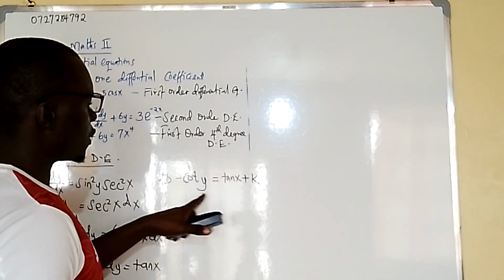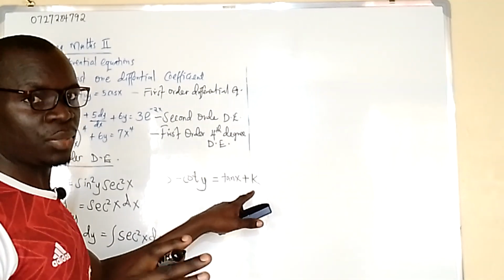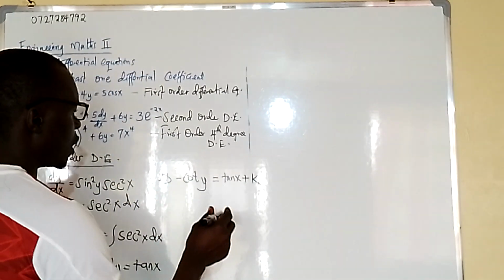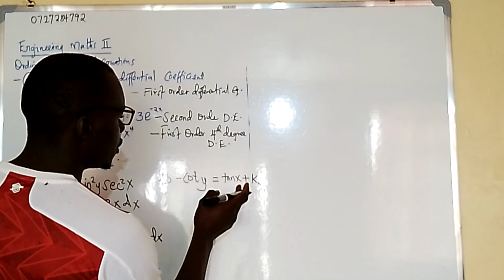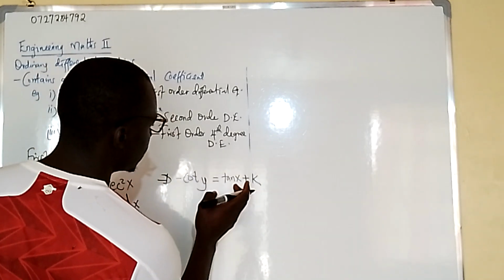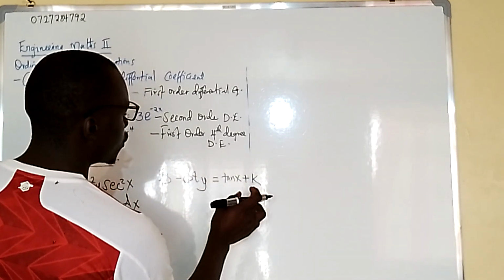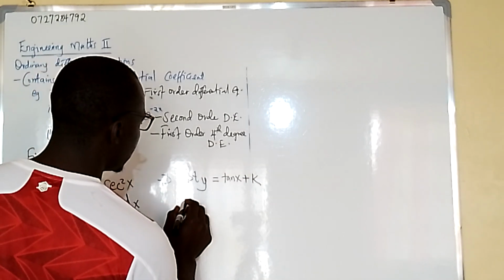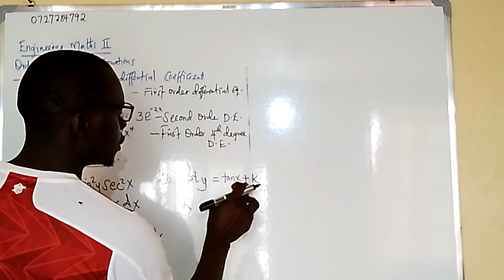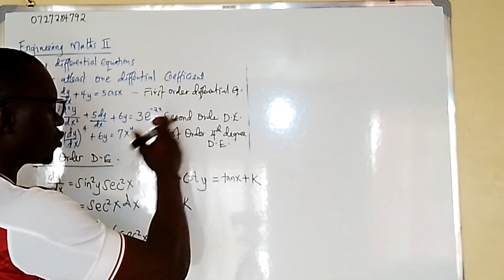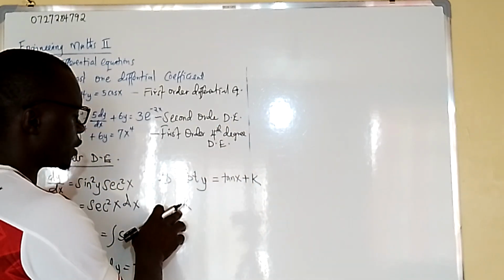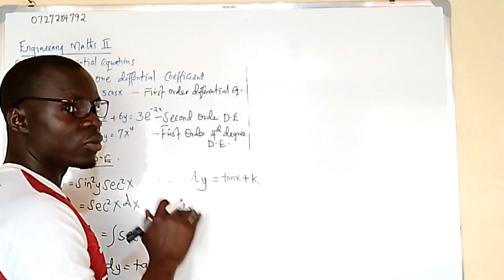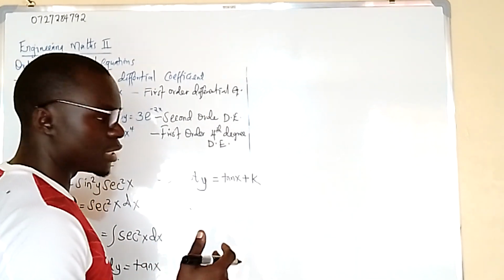This becomes our solution, but we can simplify it further by collecting or remaining with one constant on one side. We can bring that one constant here and take cot y that side, so that k, it is positive k, but if it crosses the equal sign, it's still positive k because it's a constant. We don't know what constant it is.